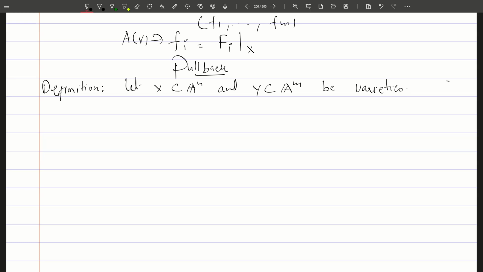Let phi from X to Y be a polynomial map. That means this phi is determined by an m-tuple of polynomials.